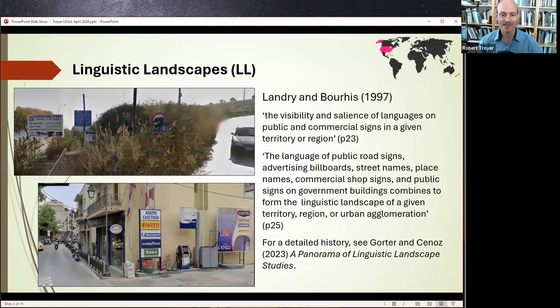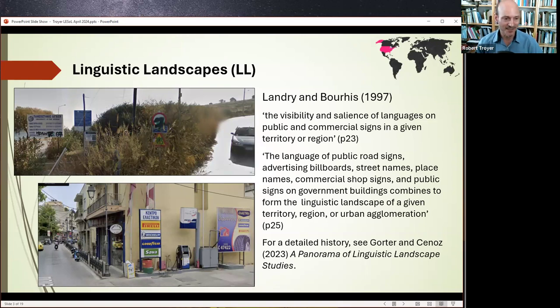Just as a beginning point, many of us are familiar with the Landry and Bourhis definition of the linguistic landscape as the visibility and salience of languages on public and commercial signage, and then the list of road signs, advertising, billboards, et cetera. So I went to Google Maps, and I did find some street view pictures, I believe from 2019, just down the road from your university.